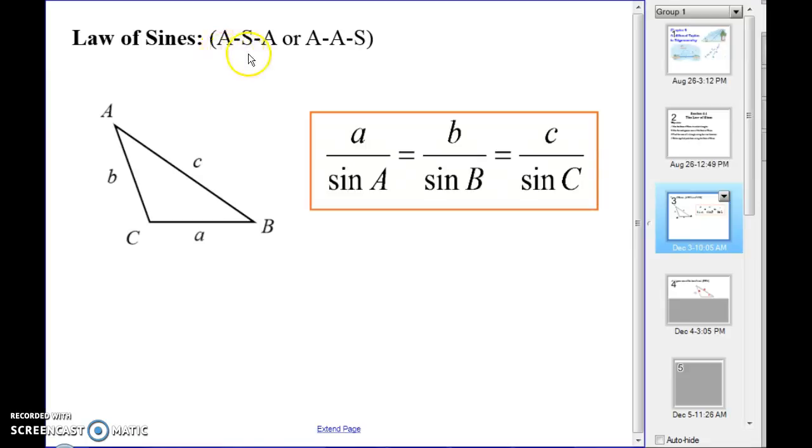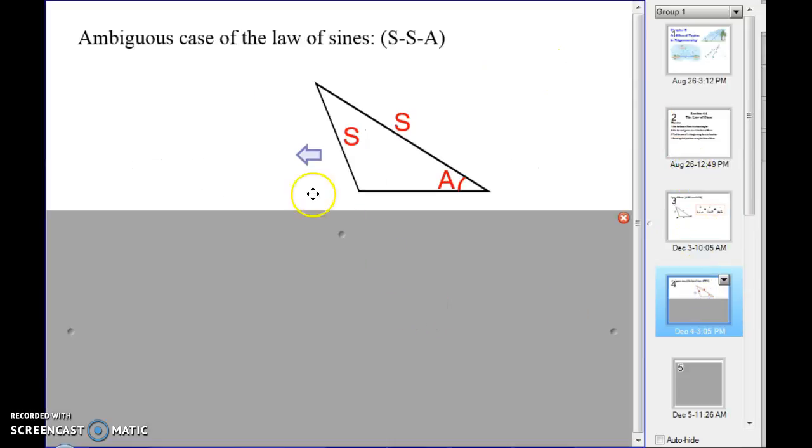And yesterday we worked with the law of sines in these two cases, when you knew angle side angle or angle angle side. Well, something actually interesting happens when you have side side angle. If you remember back to your geometry days, you might remember that this was not a valid way to prove triangles congruent.